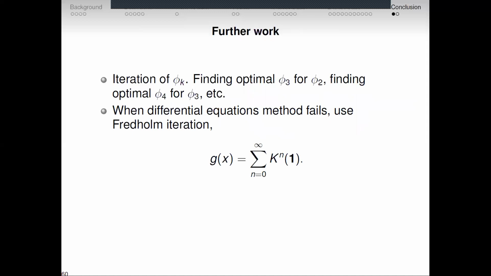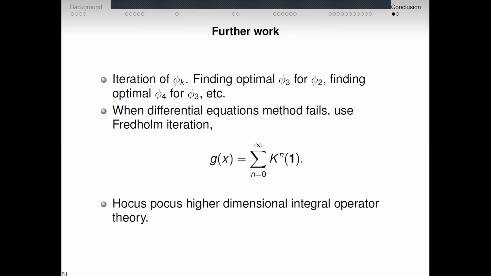Recall that we defined this compact operator K, and as it turns out, the solution to that integral equation is g equal to the sum of iterates of this integral operator K. Another method we can try is some higher dimensional integral operator theory. But again, this is all kind of hocus pocus. It's not really well understood, but it's an avenue of further research.